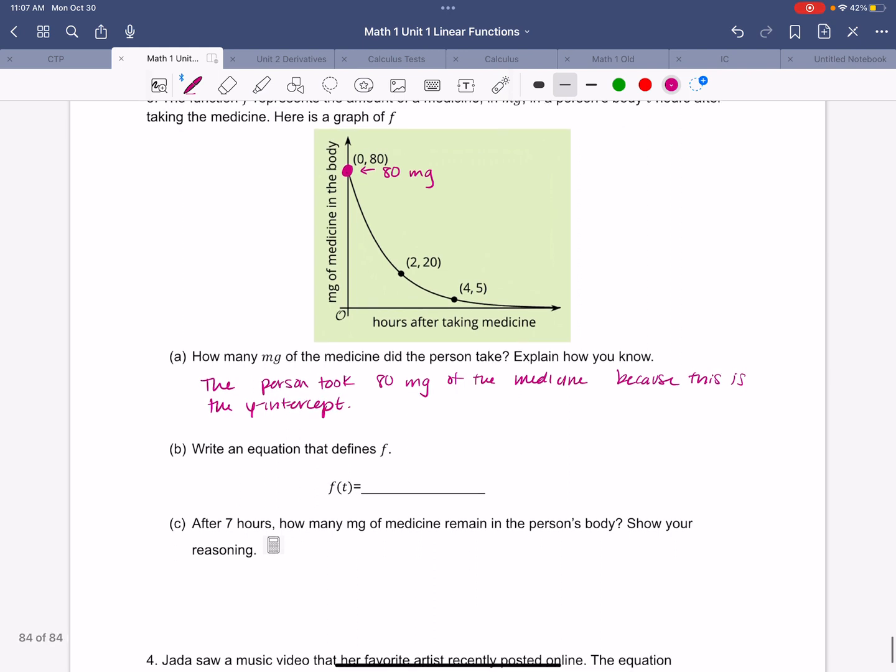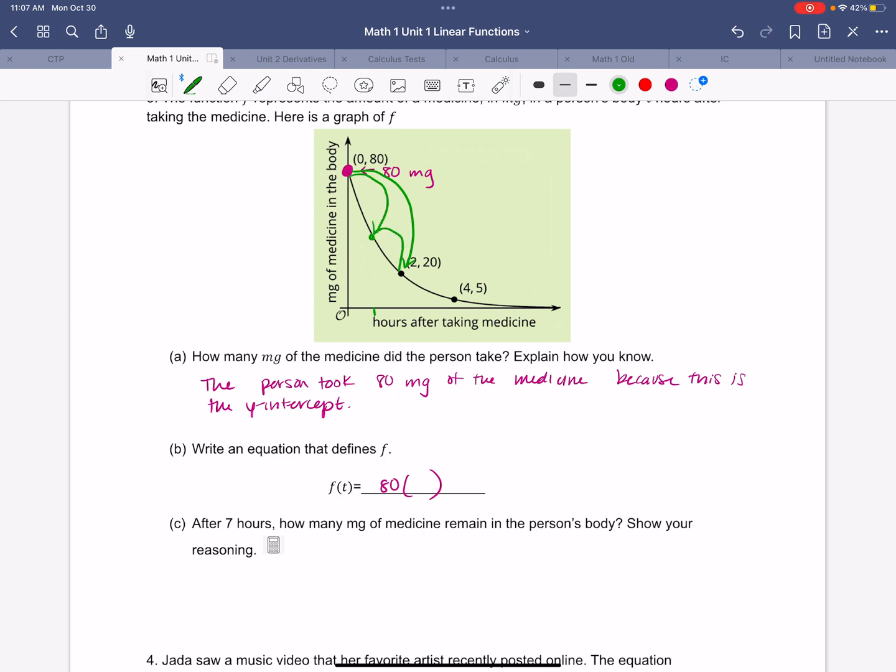Write an equation that defines F. All we need is a starting point, which we already have, and we need to know how it decays. I was at 80 milligrams, and 2 hours later I was at 20 milligrams.